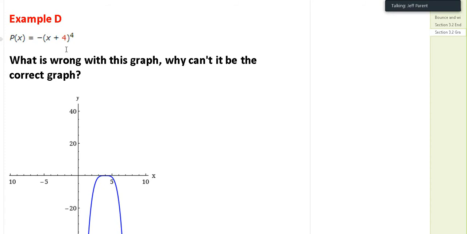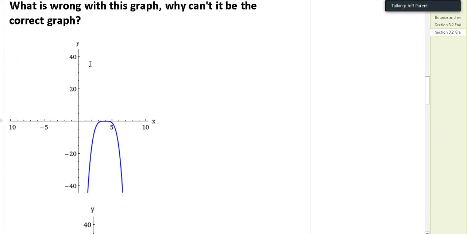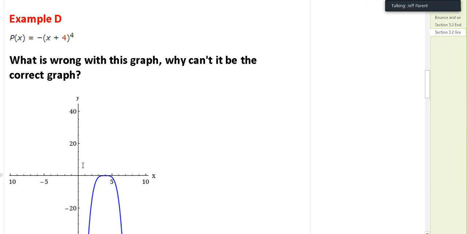But for myself, I'll probably give you a graph like this, except I won't have any numbers on it. All I have is just the graph and the equation plotted on it as well. So I want you to eliminate some of these and say, all right, well, why can't this first one be the graph? And let's look back at the function and understand a few things about what we would expect from y equals x to the fourth, or y equals -x to the fourth, and finally our actual function.